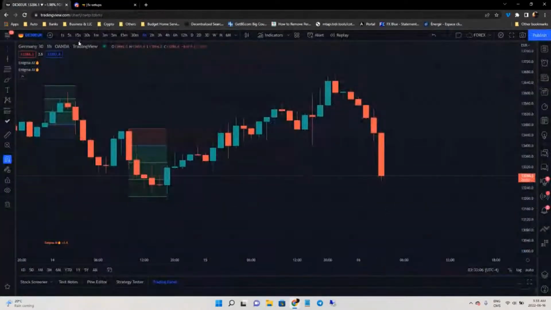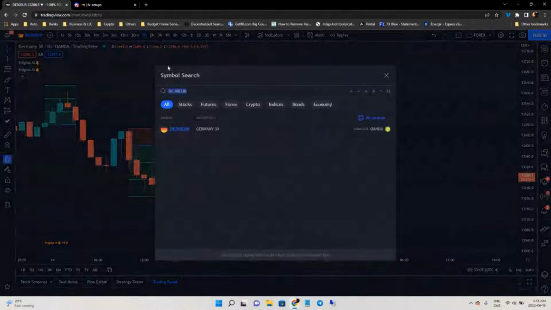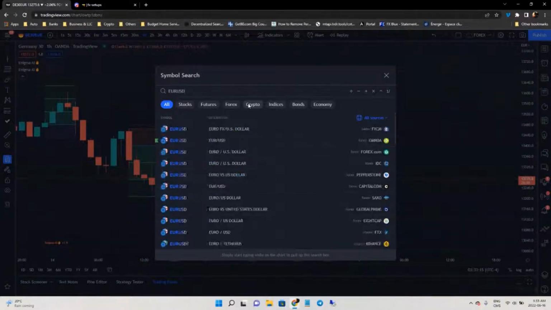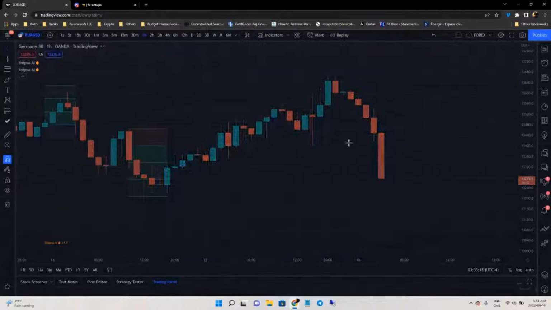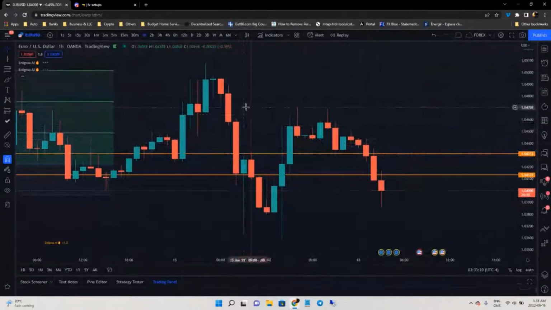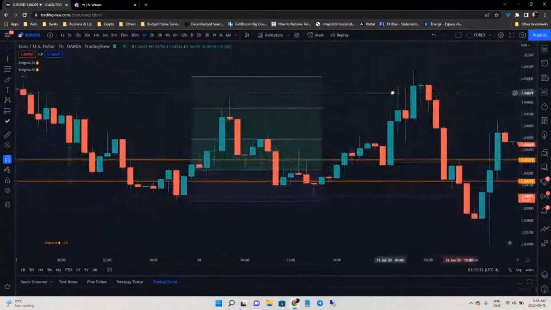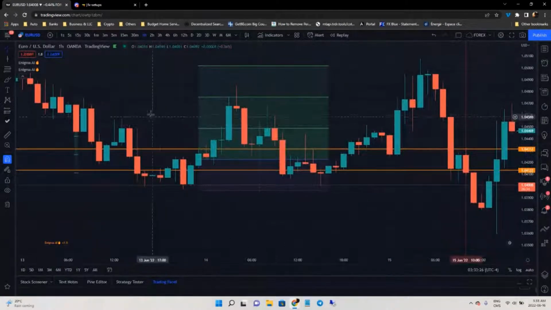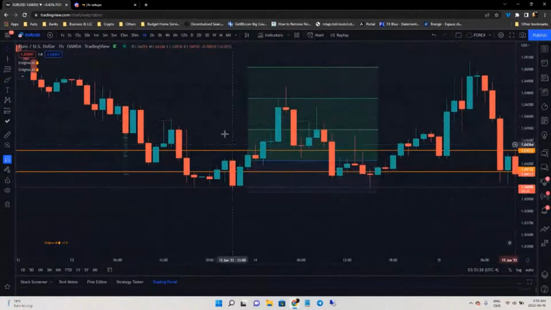Okay, so let's look at USD. This is the setup that we had here yesterday on EURUSD.